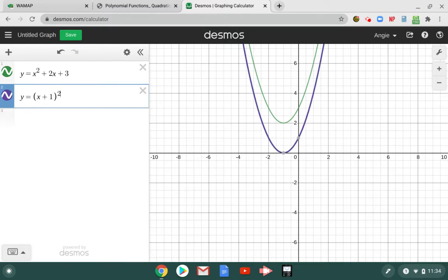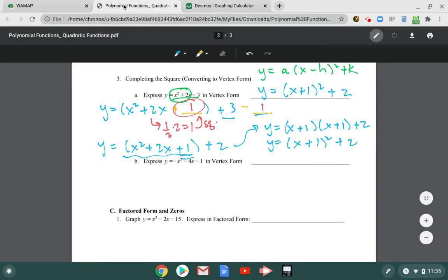Notice how I'm just off by 2, right? Because I haven't typed in that plus 2 yet. Plus 2. I can see that these are right on top of each other. If I click on the color, I can see that it places it right on top of one another. So I know that I've got the same graph represented in 2 different ways. So I'm feeling really good about this answer. Okay, so star.